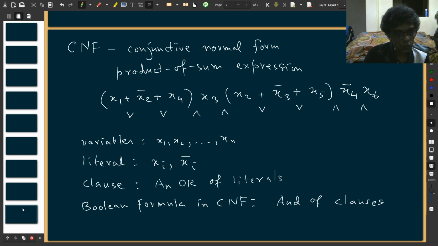Okay. Just one more definition. Let phi be a CNF formula. Okay.